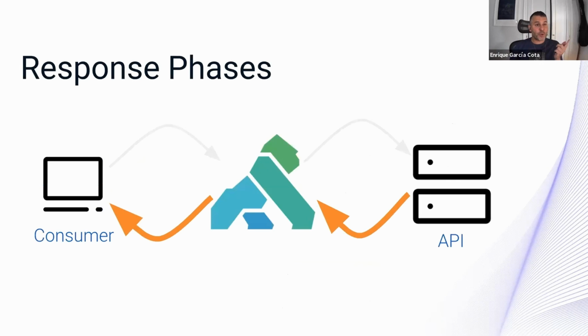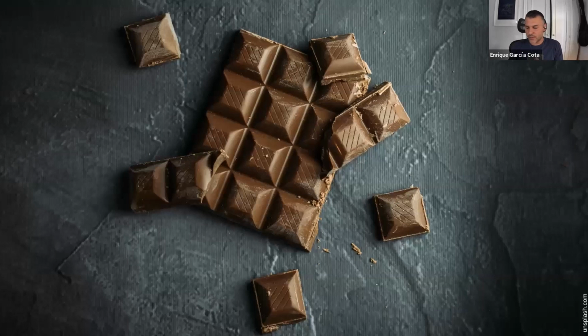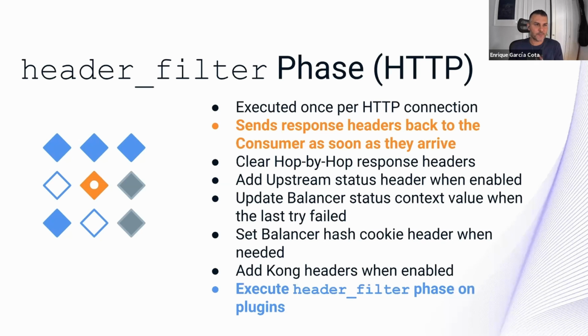Now, how we send the response is very interesting because it's different from how we treat the request. As you can see, both lines are highlighted here. That's because we treat the response as a chocolate bar that we don't eat in one go. We split it into small pieces and we process it piece by piece. So the first piece is the one containing the headers.